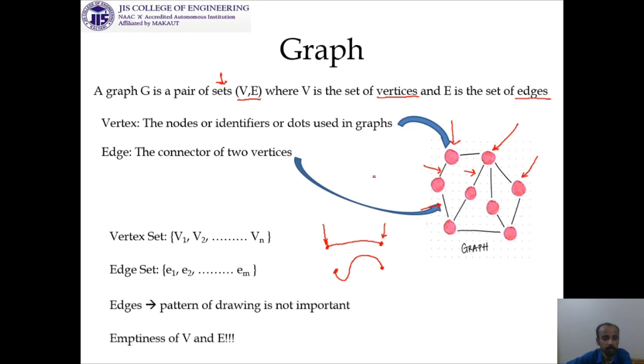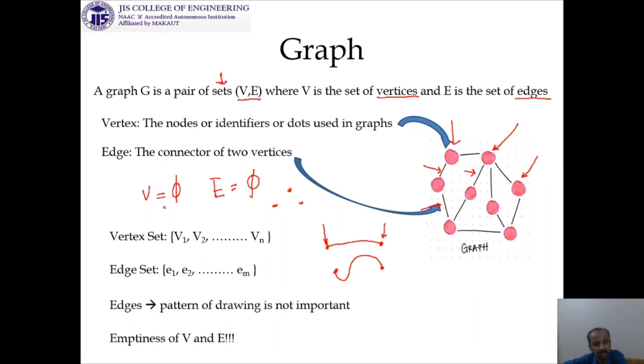Next, emptiness of V and E. What does it mean? We have a vertex set and an edge set. If the edge set is a null set, it means there are no edges, but there may be some vertices.